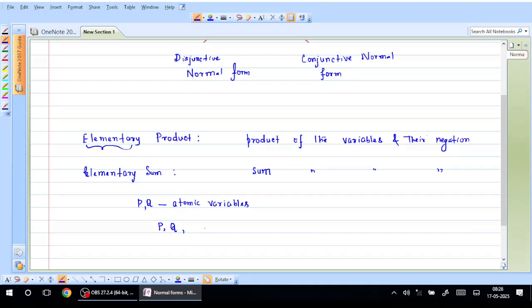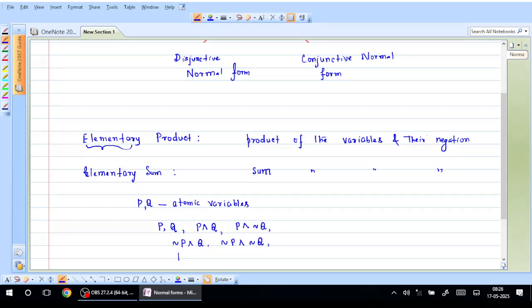So I may have P meet Q, P meet not Q, then not P meet Q, not P meet not Q, and I can also extend it.